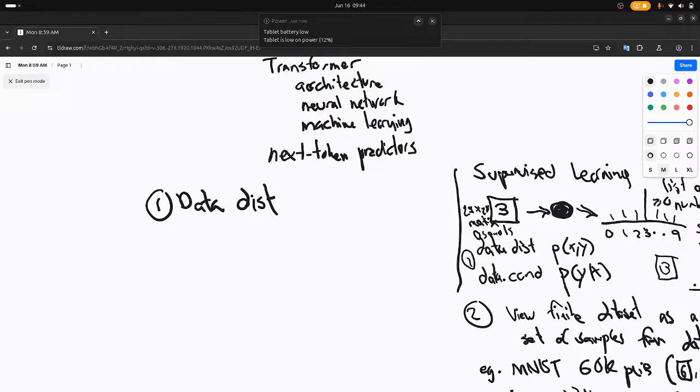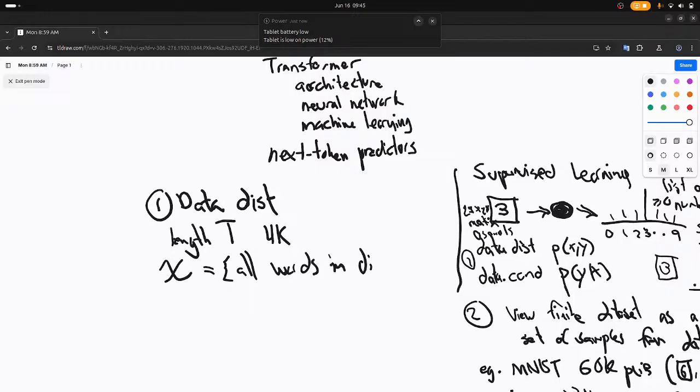And we will start in an easy way where we assume, quite unrealistically, that there is some length T. It could be maybe 4K words. And now we have some large set X, and it is all words in the dictionary. So it's quite large, maybe 100K words or something.